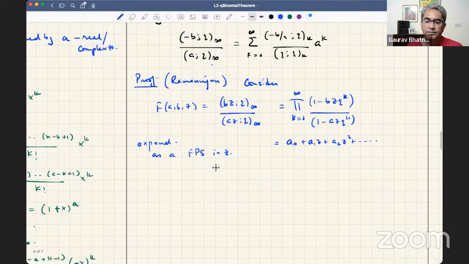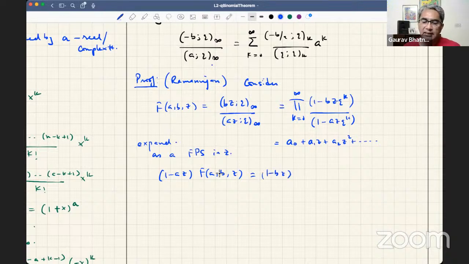And then what you can see very easily is that if you multiply the left-hand side with 1 minus az, f(a,b,z), and take out the first term and the second term, so what you will get is 1 minus bz. So if you do that, then it will have f with z replaced by zq.